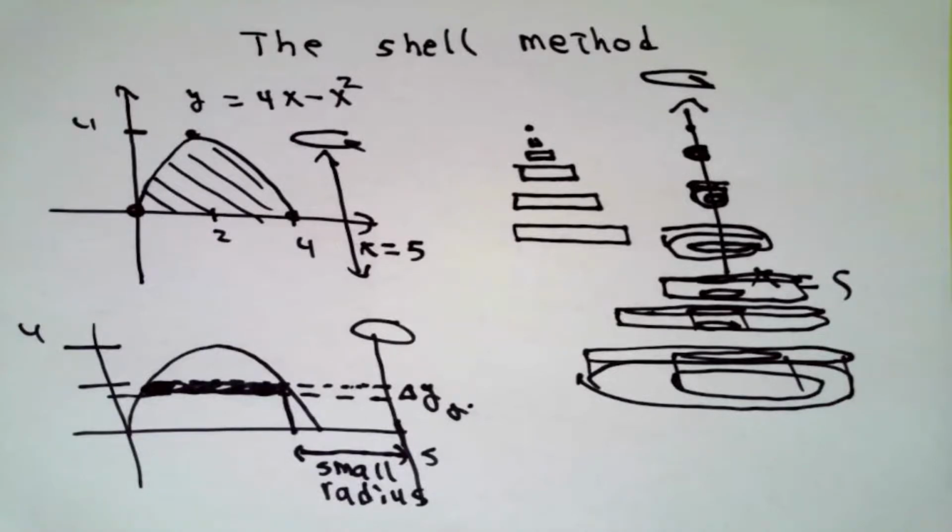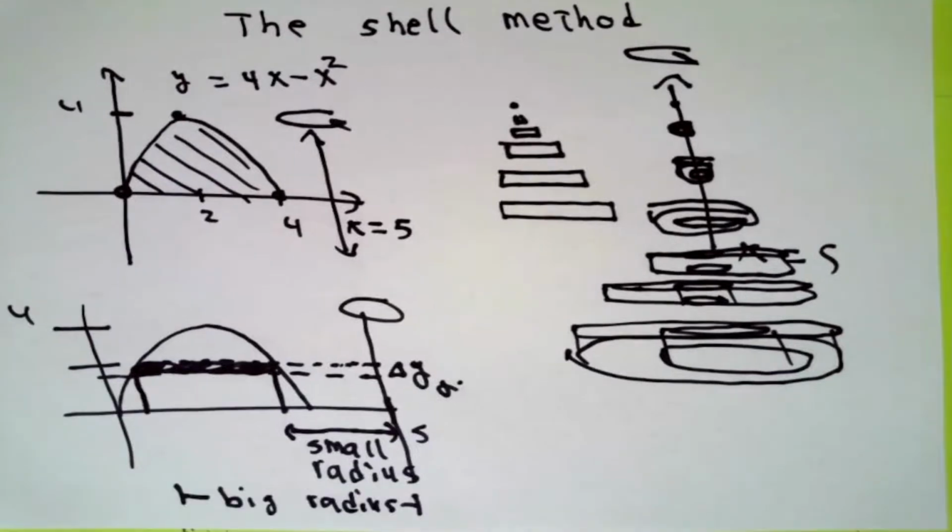On the other hand, the large radius is the distance from x equals 5 to as far away as I can get from the axis of rotation within that strip. The big radius is 5 minus the x-coordinate of the left-hand end of the horizontal strip.